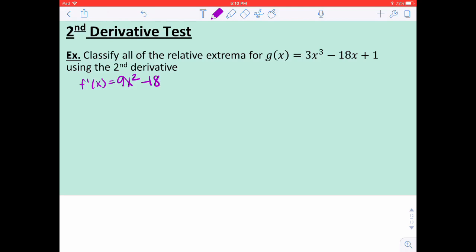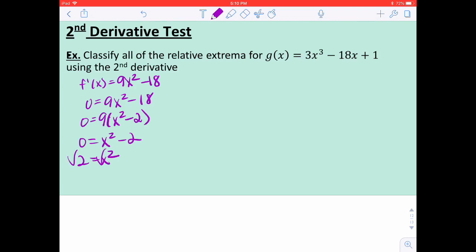And the critical points here, so when it's equal to 0, we're going to factor out a 9. So we get x squared minus 2, 2 equals x squared, square root, so x equals plus or minus square root of 2. Okay, so that's our critical values.